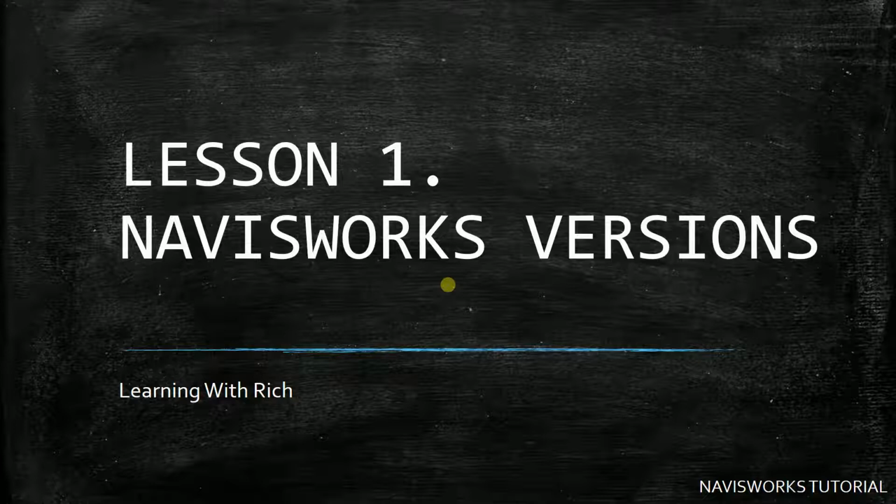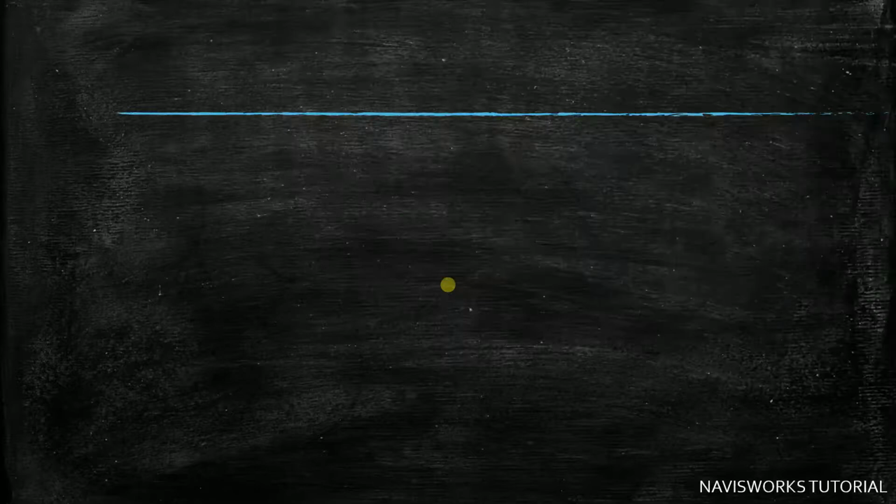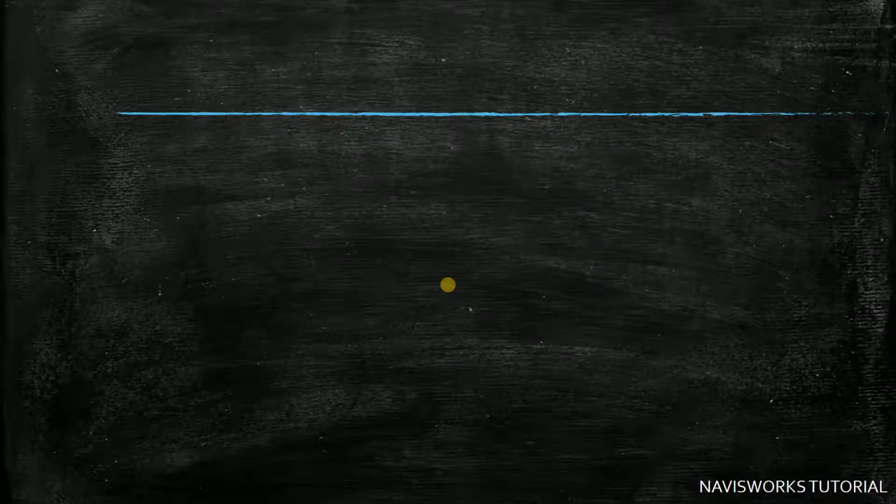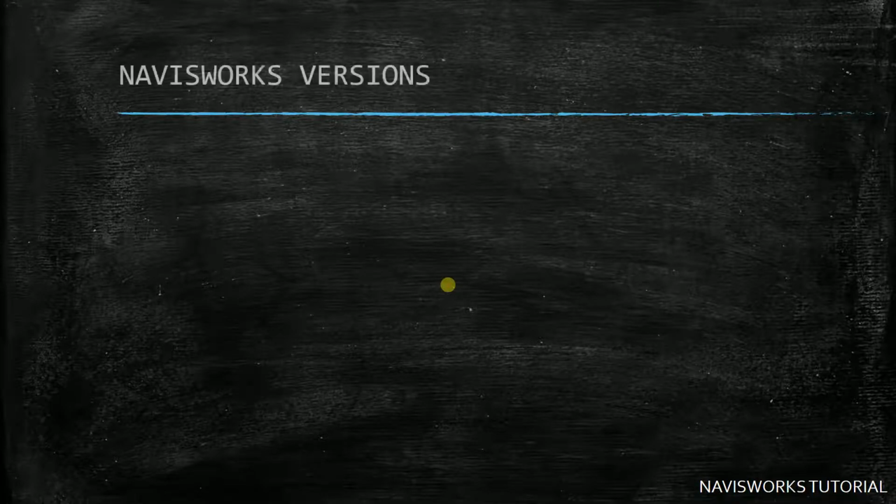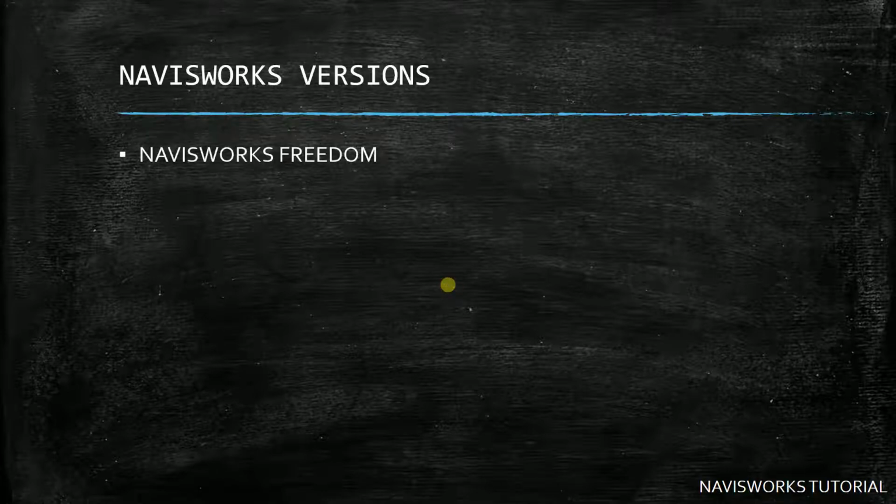So what we're going to talk about first is the Navisworks versions, because as you can see, in Navisworks we have three flavors. And you know what? I kind of find it cool to use PowerPoint because of these transitions, animations, and cool stuff in presentations. Anyway, the first topic that we're going to talk about is the versions of Navisworks, which is Navisworks Freedom.